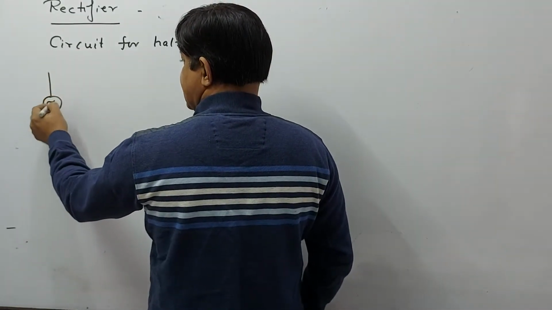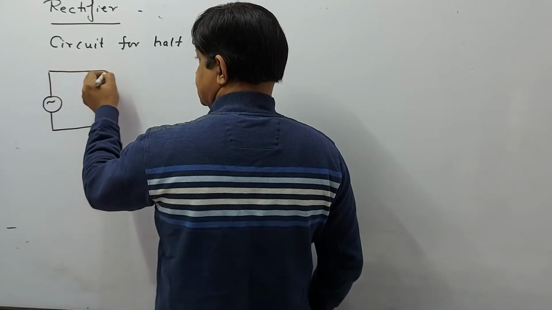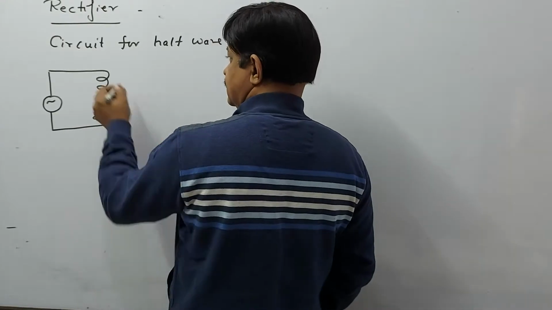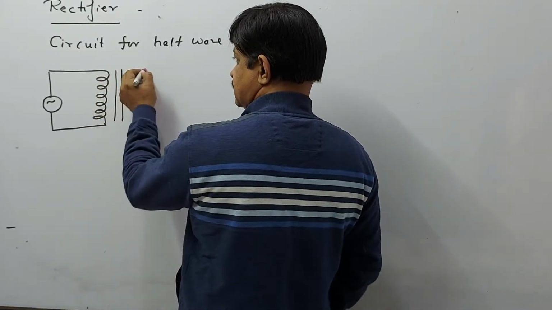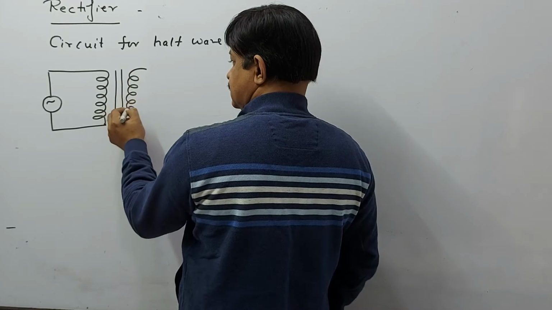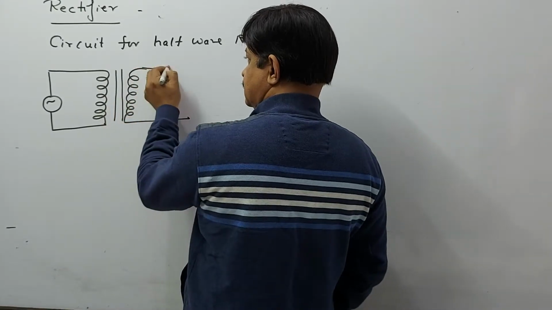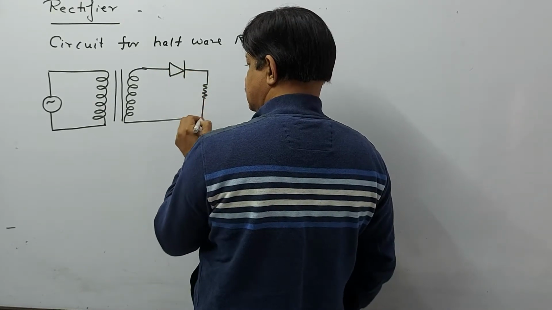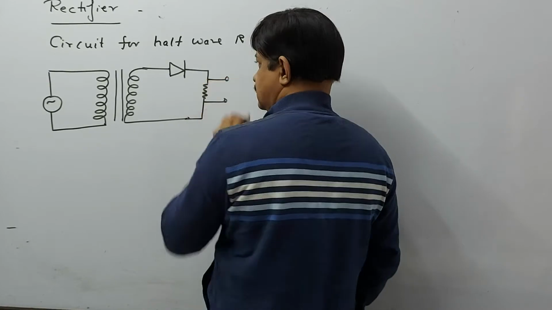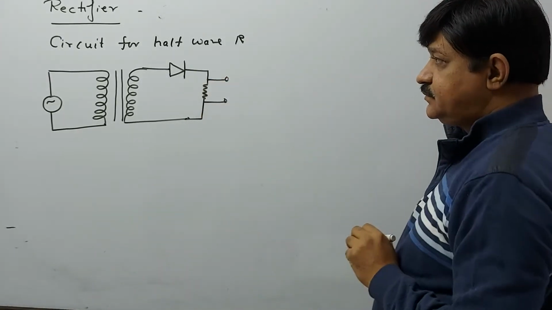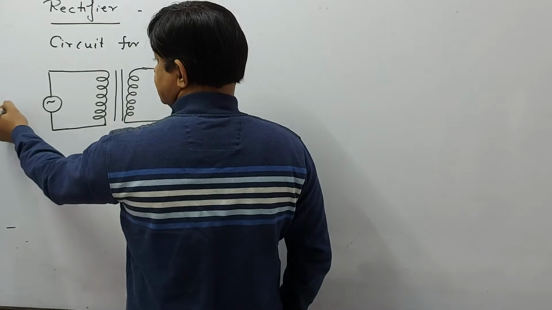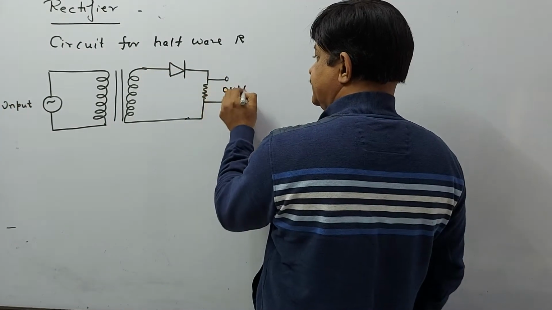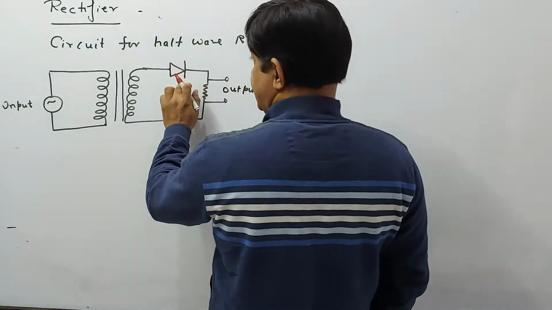We will take AC as input, like this. This will be the input and this will be the output. Only one PN junction is there.